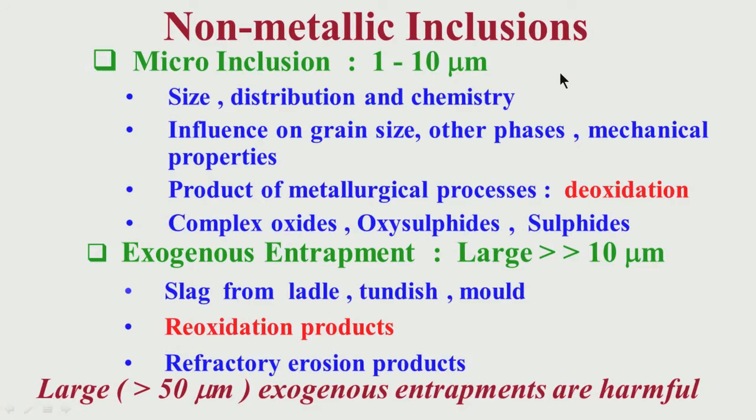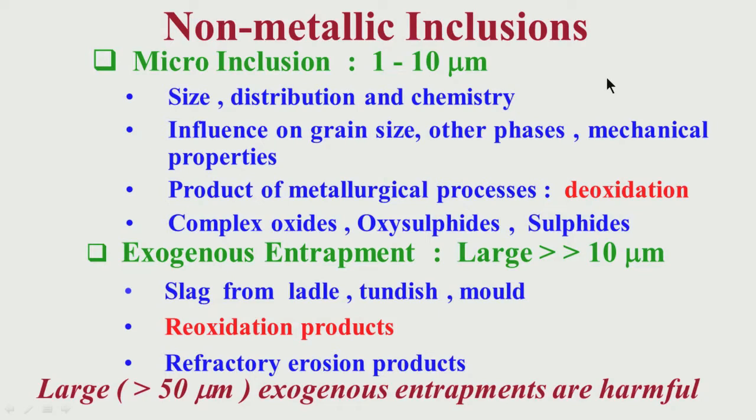Normally they are in the size range of 1 to 10 micron, and the resolution of our eye is 100 micron, 0.1 millimeter. So, these inclusions, which are called micro inclusions, we cannot see with the normal eye; they have to be seen under the microscope. What the different techniques are, we will go into the details later on.